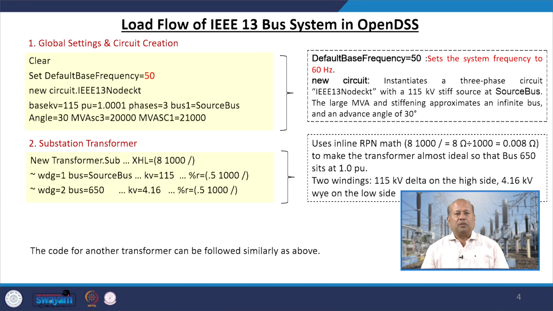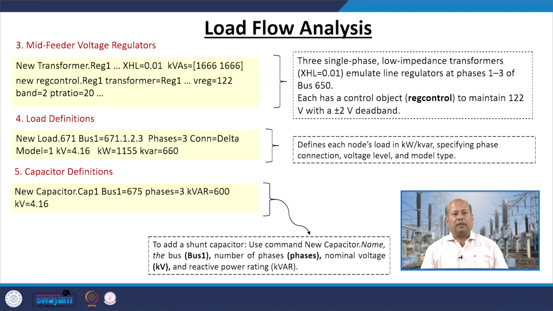So, we will start with the global settings and circuit creation, and then we can move to the substation transformer, which uses an inline R and X of 0.008 ohm, to make the transformer almost ideal, so that the bus 650 sits at 1.0 per unit. Two windings, 115 kV delta on the high side and 4.16 kV Y on the load side.